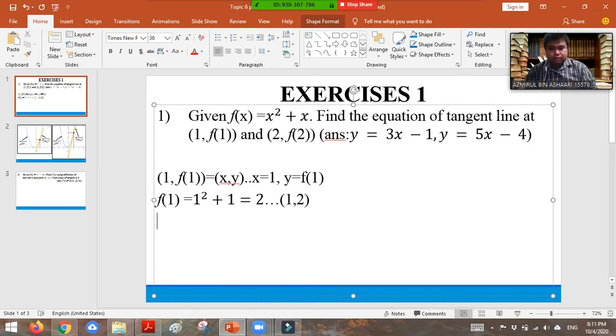Next, you want to first find the gradient, the slope of the tangent.